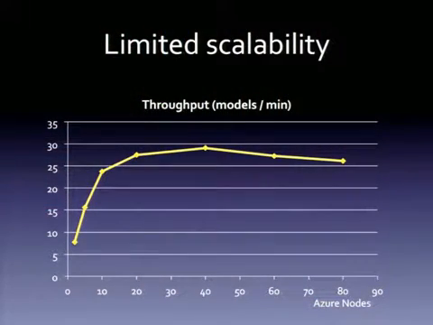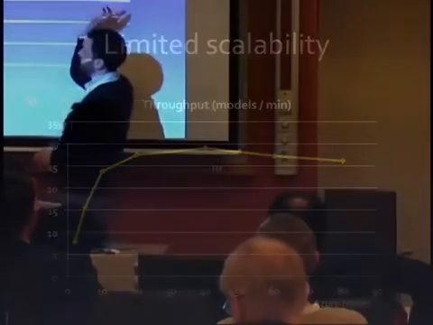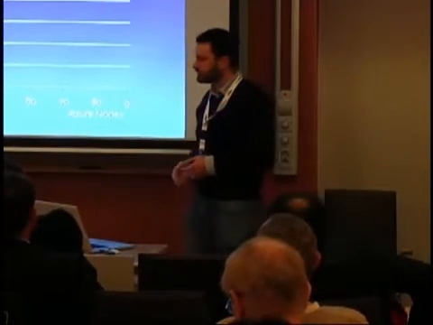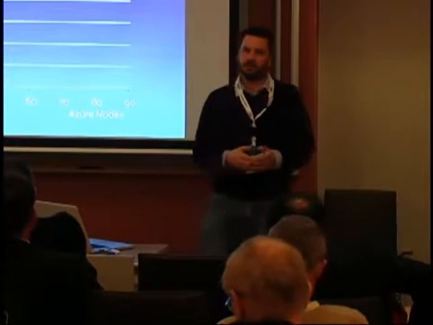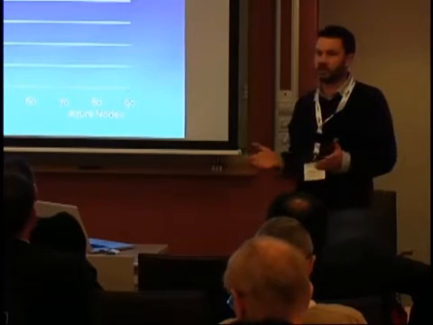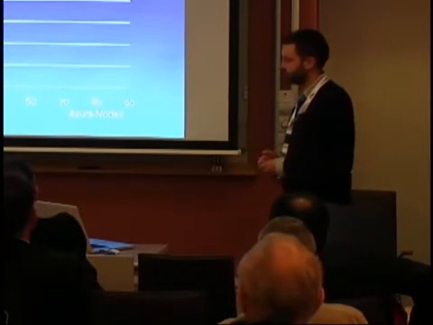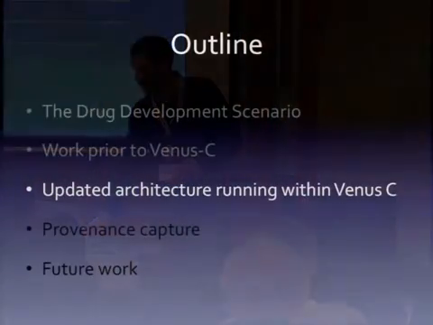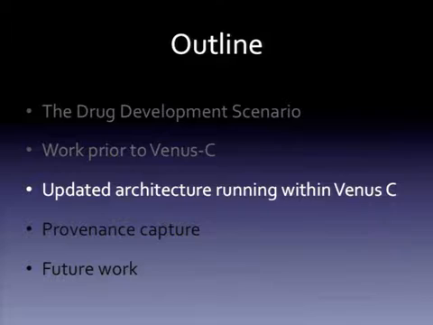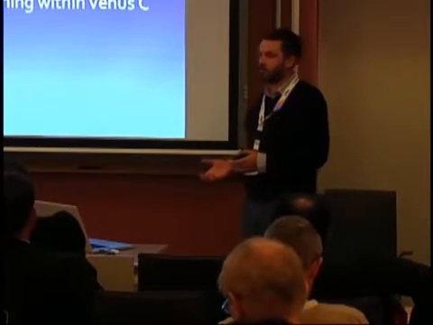And we found that after about 40, we actually got worse performance. So although we had this illusion of infinite resource in the cloud, we couldn't make use of it. So that was our starting point in VENUS-C. We had something running within Azure, but we couldn't make use of the resources available.